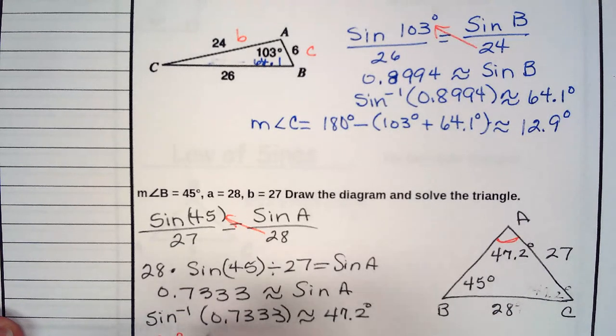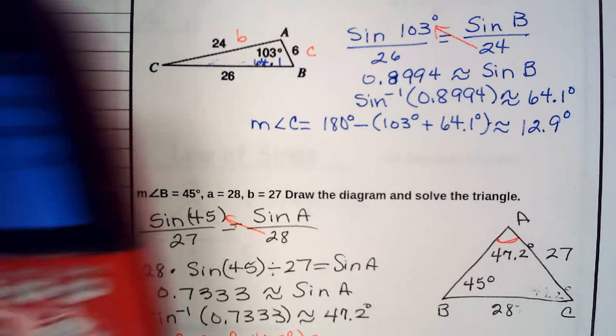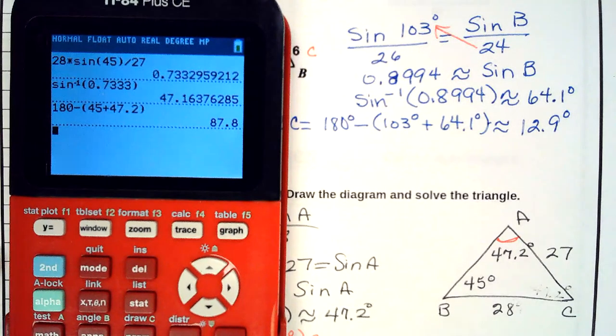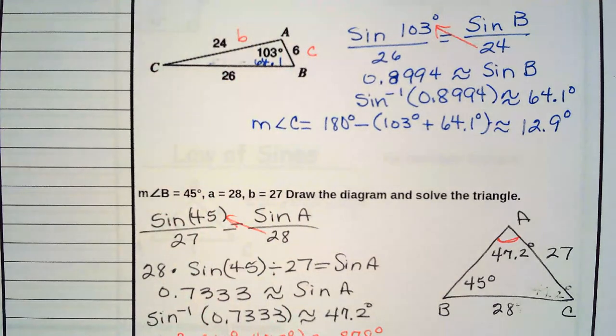180 degrees minus 45 degrees plus 47.2 degrees is approximately 87.8. Okay, now what?